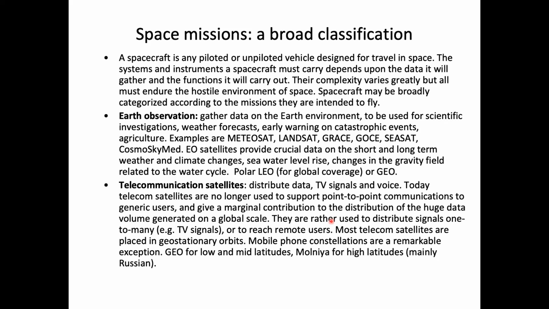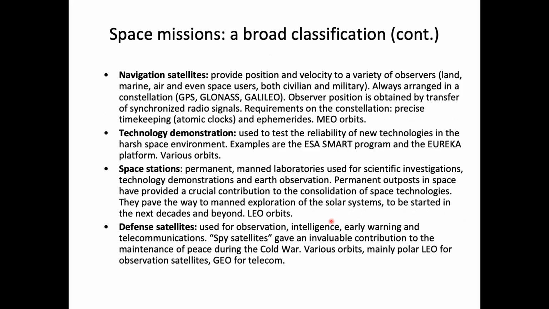So a constellation of such type must have the possibility of having a link to ground and inter-satellite links with all the other nodes of the constellation, which is quite interesting, really very interesting.